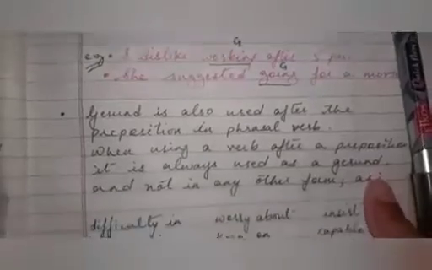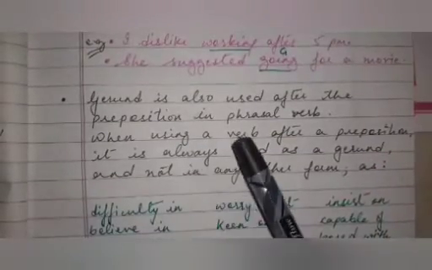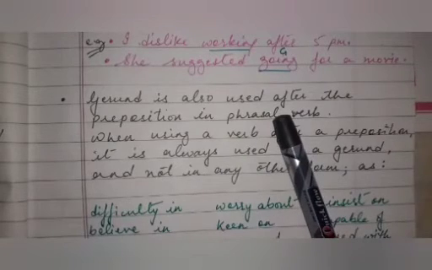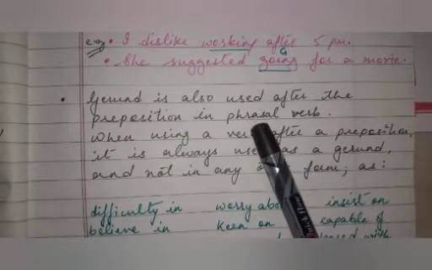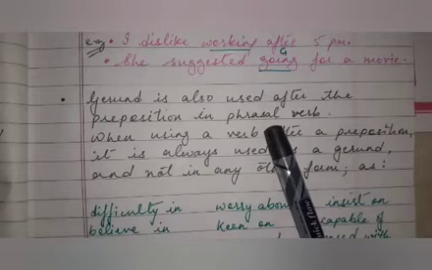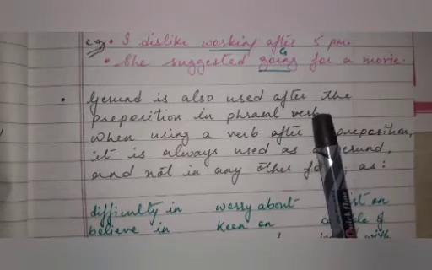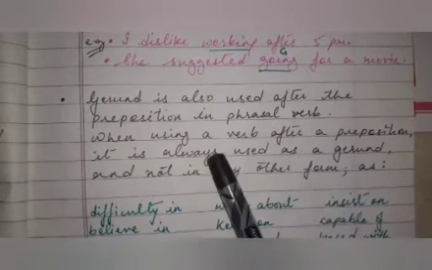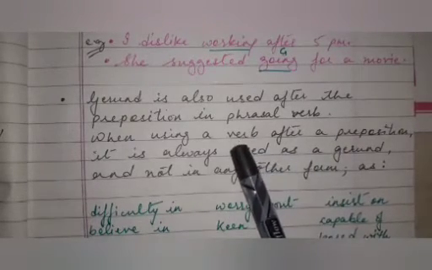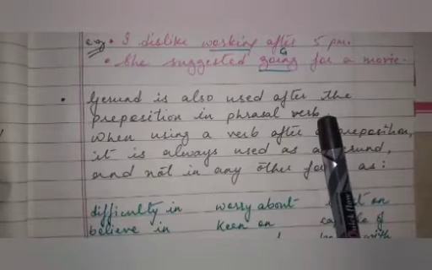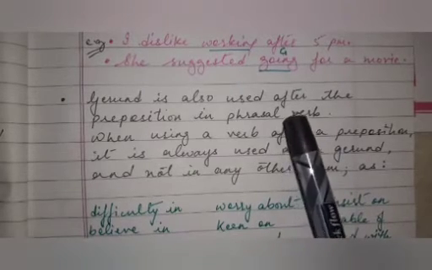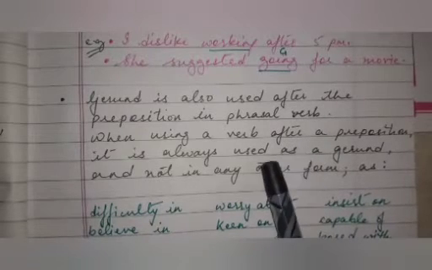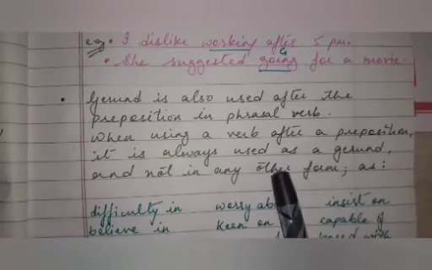Next we have gerund is also used after the preposition in the phrasal verbs. Now first of all, what is a phrasal verb? Your phrasal verb will have a verb and a preposition. When you are to use a verb after the phrasal verb, that is after the preposition of the phrasal verb, your verb will be in ing form and not in any other form.